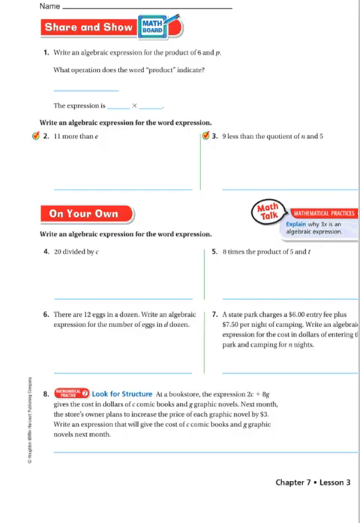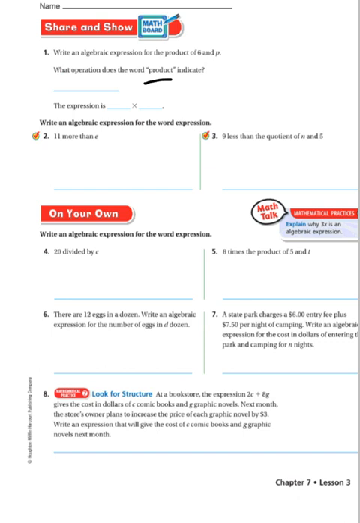Okay, turn the page and now we are on sheet. Write an algebraic expression for the product of 6 and p. What operation does the word product indicate? The word product. So here you guys are going to have to look for clue words on what operation you need to apply in your expression.